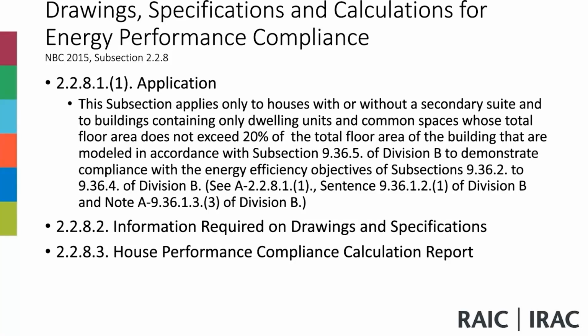So this subsection applies only to houses with or without a secondary suite, and buildings containing only dwelling units and common spaces whose total floor area does not exceed 20% of the total floor area of the building, that are modeled in accordance with subsection 9.36.5 of Division B to demonstrate compliance with the energy efficiency objective of subsections 9.36.2 to 9.36.4 of Division B.